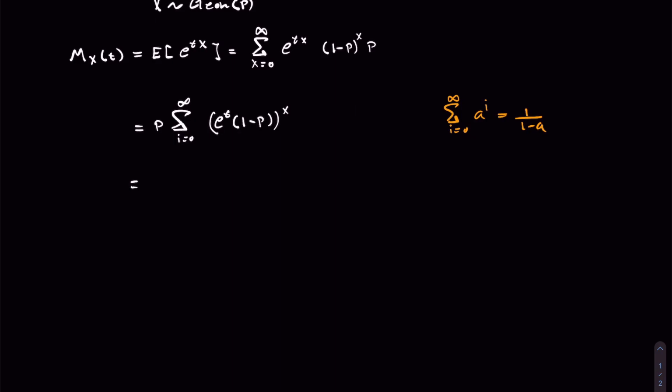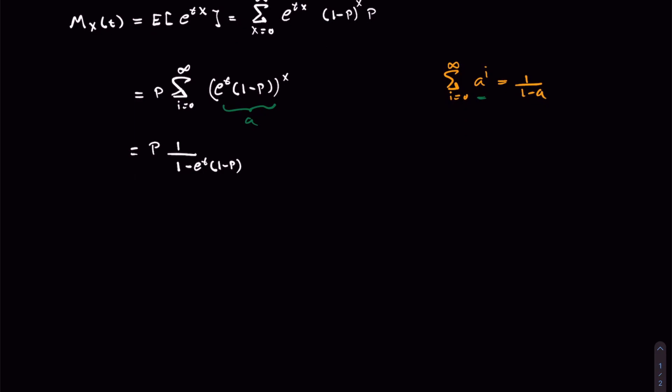Because our p is a probability, it exists in that interval. So then what we have here is p, and this a here is our a there, so what we get is the following expression. That's the MGF of the geometric.